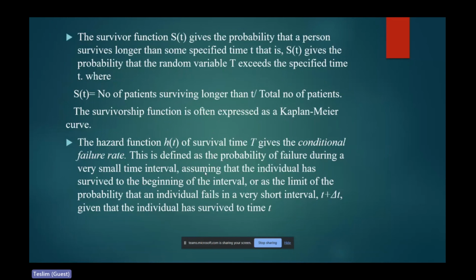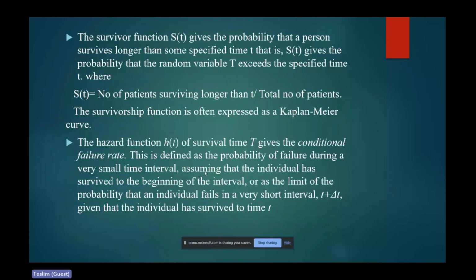Another thing to note there is the survivorship function, which is denoted by S(t). This gives the probability that a person survives longer than some specified time t. That is, S(t) gives the probability that the random variable T exceeds a specific time t, where S(t) is the number of patients surviving longer than t over the total number of patients.